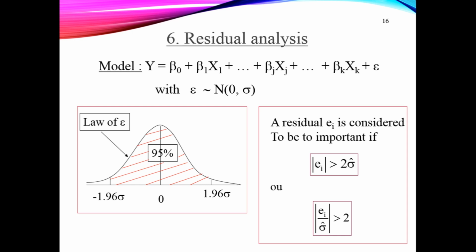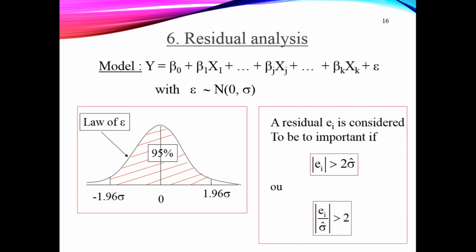So we can consider that our standardized residual is very high if it is superior to a threshold. The coefficient of determination is measured by R square, and by R in the multilinear regression.